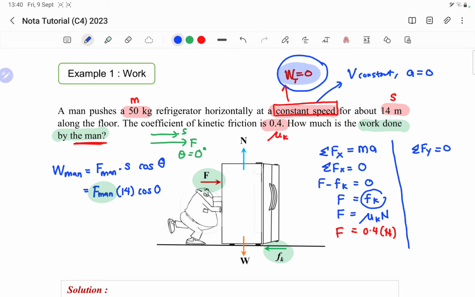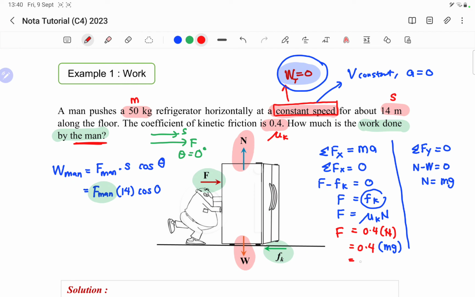The forces along Y are N and W. So N minus W equals 0, so N equals mg. From here we can expand the equation. In this case, N equals mg. Which mass? The mass of the refrigerator.